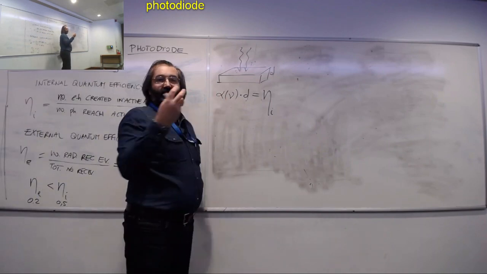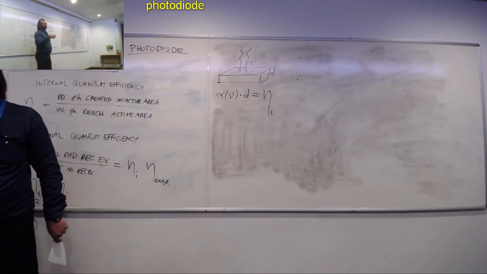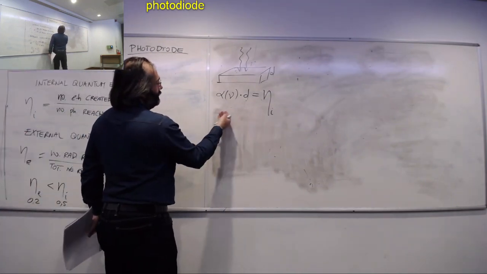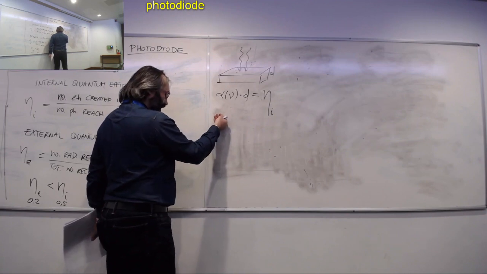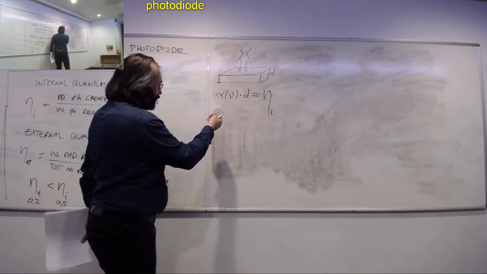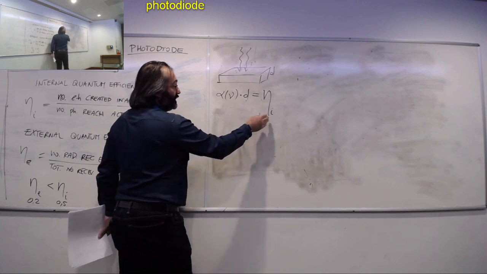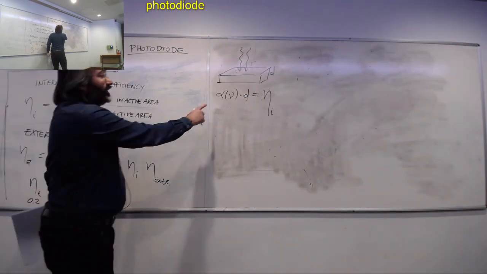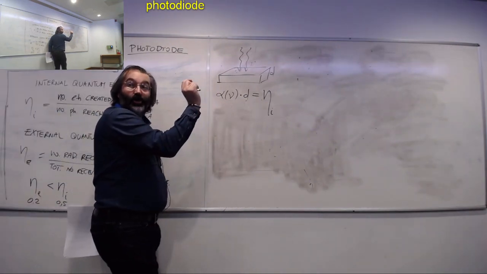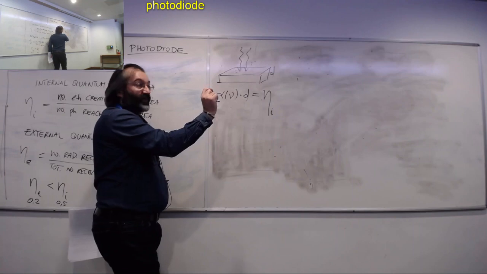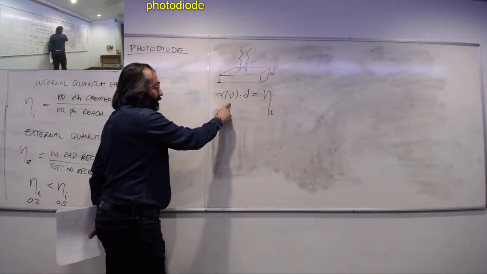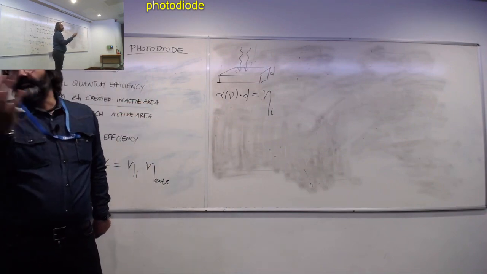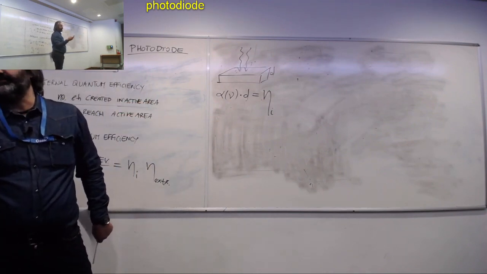So remember that in photodetection there is this intrinsic connection between the internal quantum efficiency and the absorption coefficient of the material. Remember that alpha depends on the energy of the photon, and alpha depends on the properties of the semiconductor, like band gap energy.